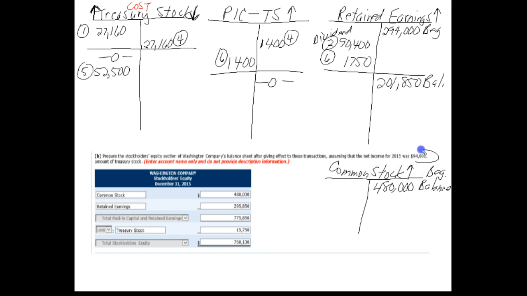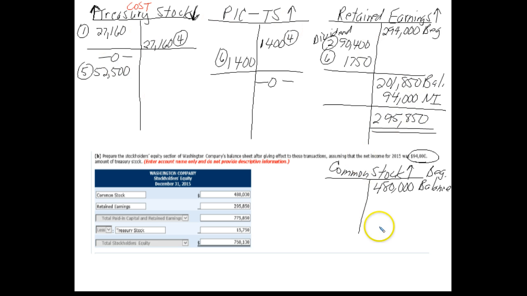And they tell us there was net income of $94,000. Well, if there had been net income of $94,000, the revenues and expenses would have been closed to retained earnings, which means net income would have been closed to retained earnings. So then our ending balance would be $295,850 in retained earnings.